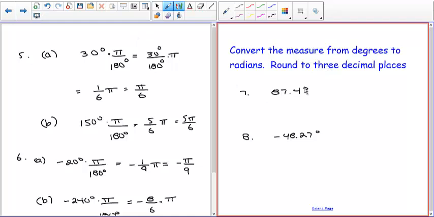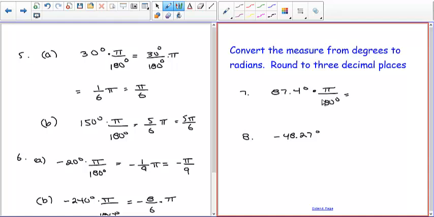Now here, because we're looking at a decimal answer and they're not nice multiples of things, it's just a simple matter of taking this, multiplying by pi, but instead of keeping it as pi, we're going to use the numerical equivalent of pi divided by 180.